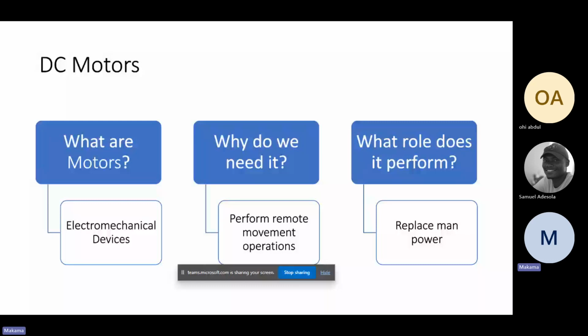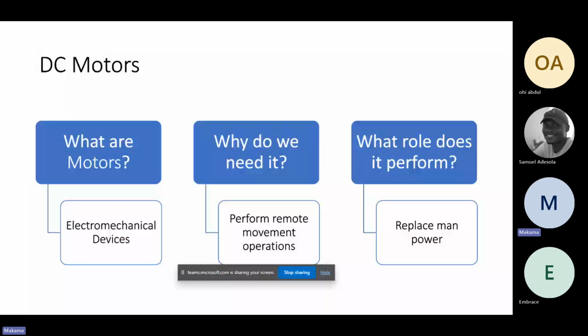What role does it perform? Motors are used to replace manpower. For example, for lifting heavy things we use motors, or lifters. When you use a lift in skyscrapers, it's an application of motors.